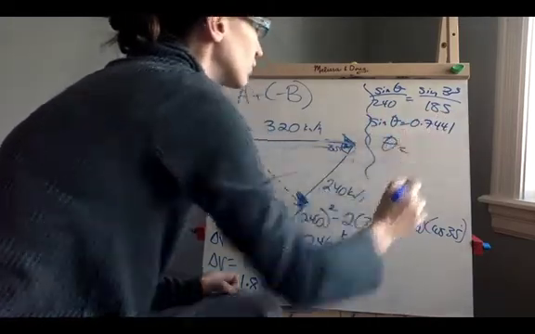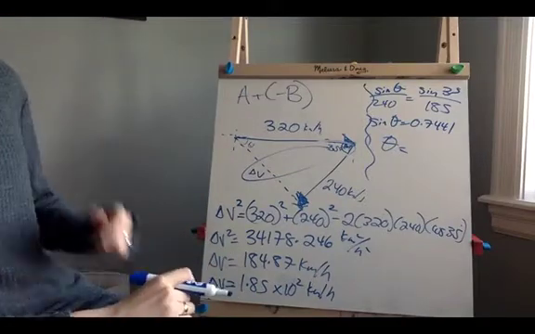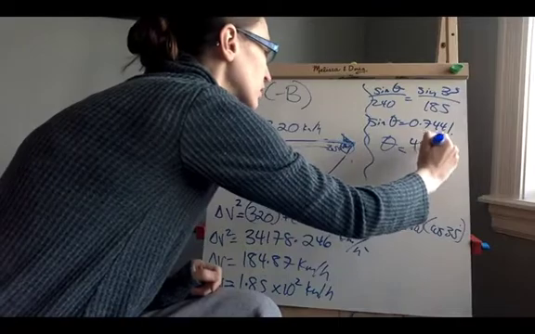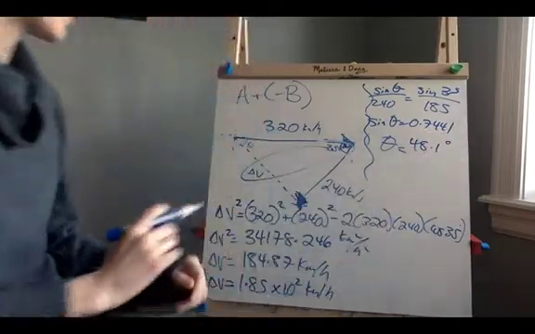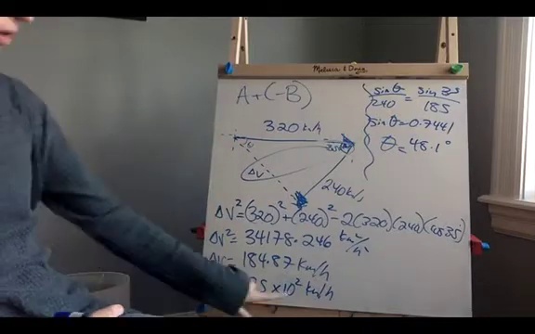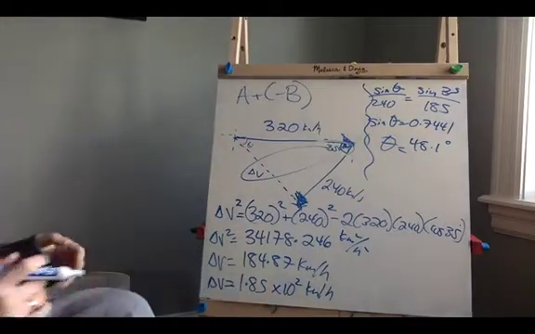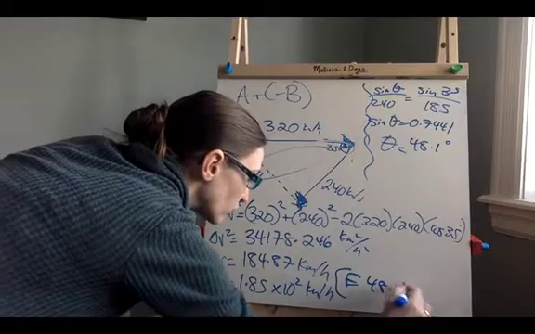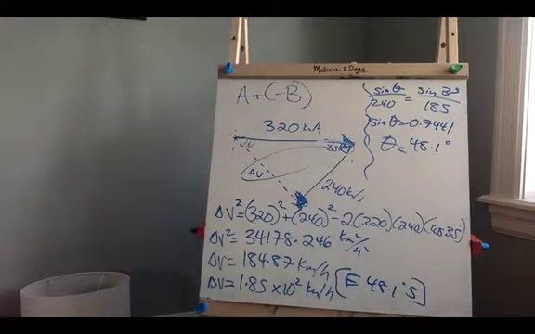Okay, go for your sine inverse, and you get that theta is equal to 48.1 degrees. Okay, and then that 48.1 was starting east and then going south, so the bearing you'd need to put on your final answer here is east 48.1 degrees south.